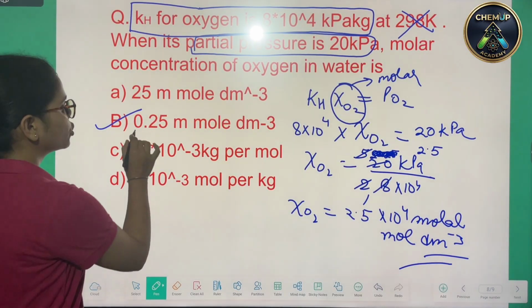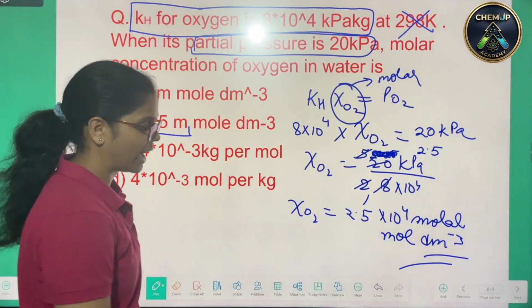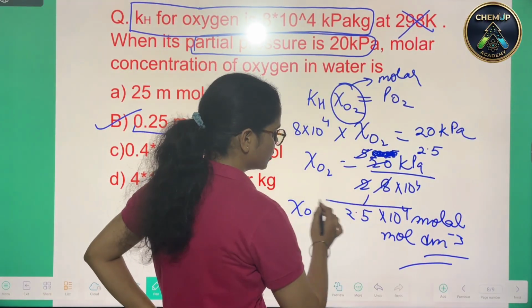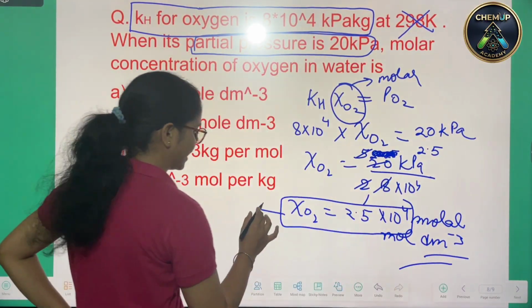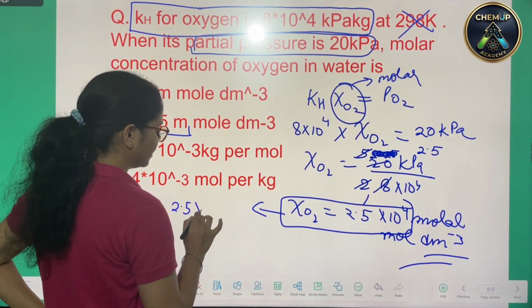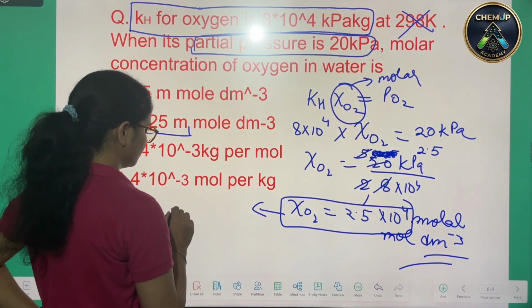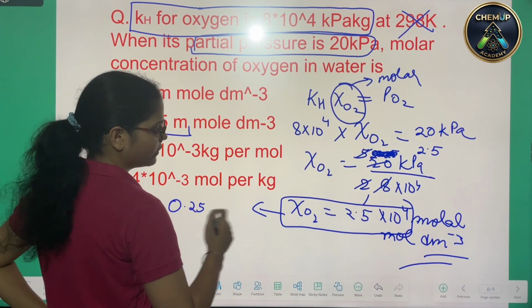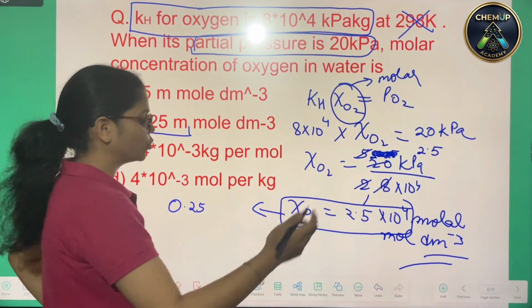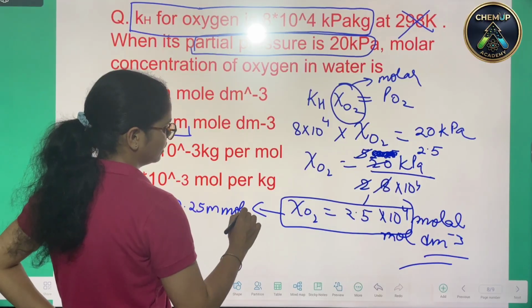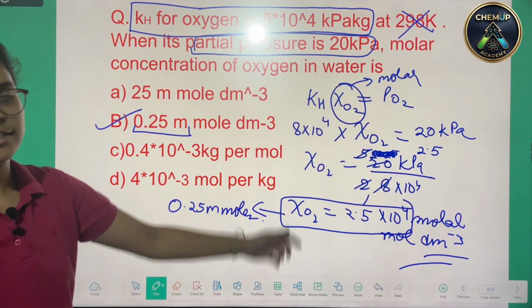How come this? Because 0.25 millimoles we have, and here also we have, this could be converted into millimoles. Like what? 2.5, 0.25 and 10 to the power 3 goes into millimoles. Therefore, millimoles we can take them. So millimoles per decimeter cube.